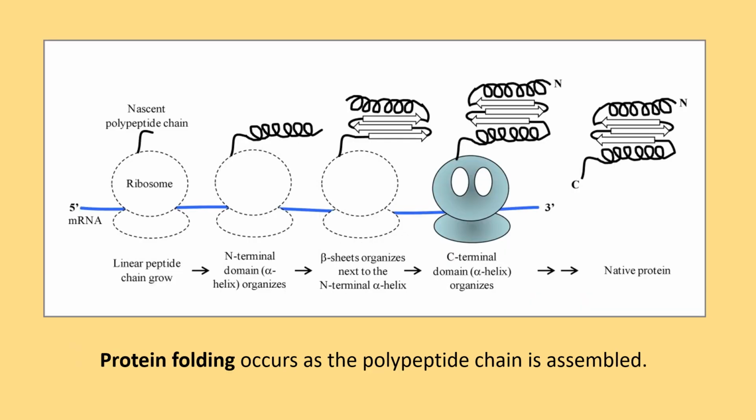This is a different artistic representation of translation. Notice that there is the blue messenger RNA molecule, and there are several ribosomes, or maybe that's meant to represent one ribosome as it slides along the messenger RNA. We can see the polypeptide chain elongate as that ribosome makes its way from right to left.